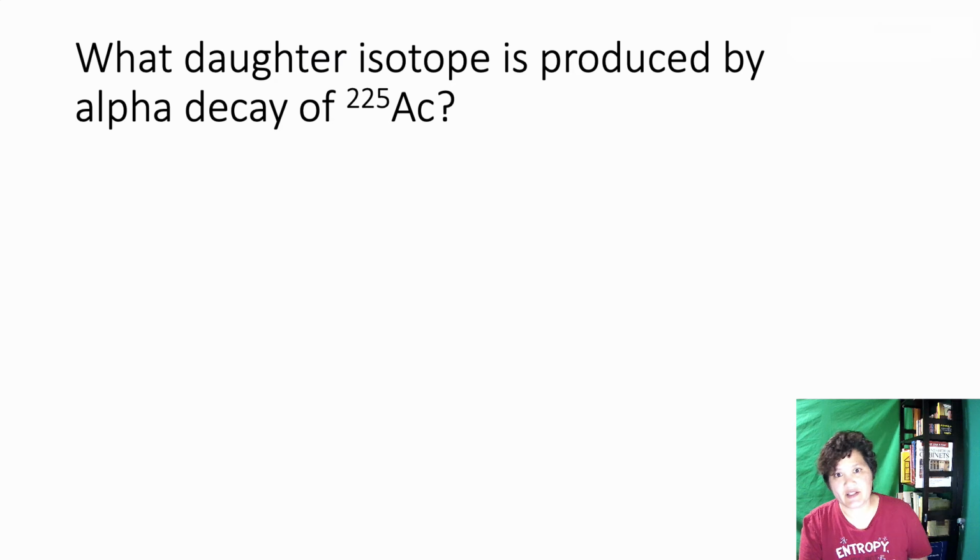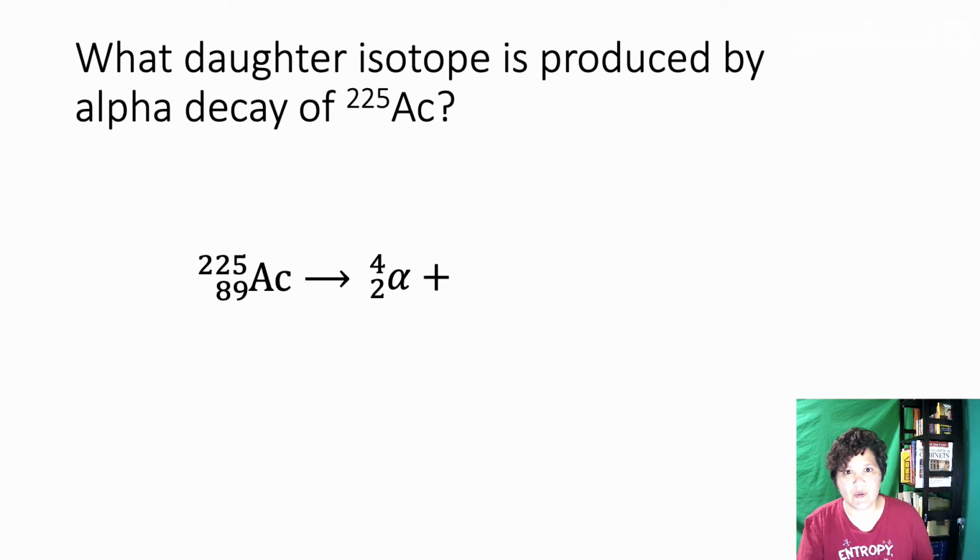What's our daughter isotope going to be if we have 225 actinium decaying by alpha decay? So actinium is element 89, and again, we're going to pop off a 4-2 alpha particle. So do the math. And what we end up with is element 87, which is francium.